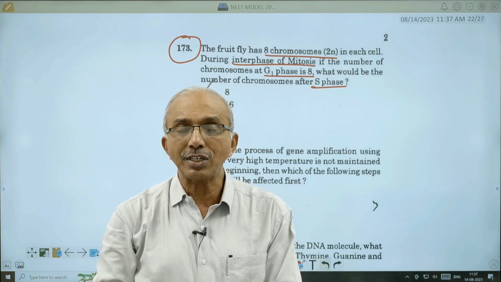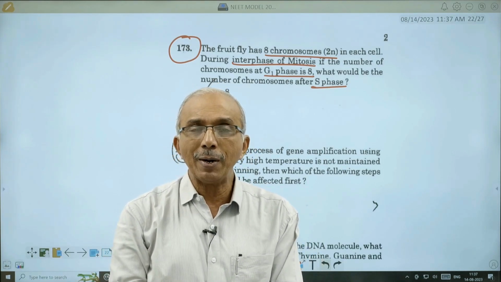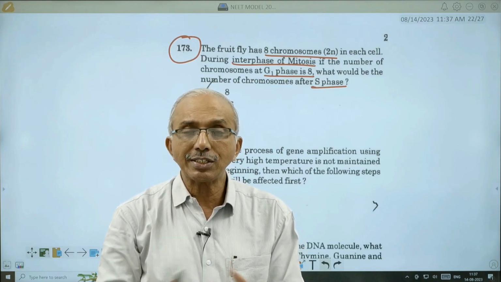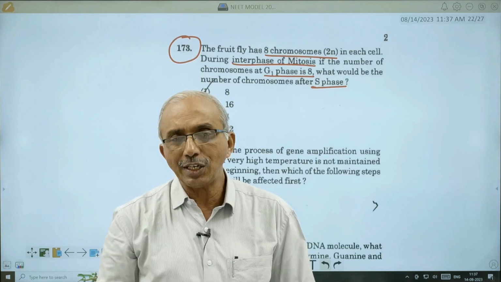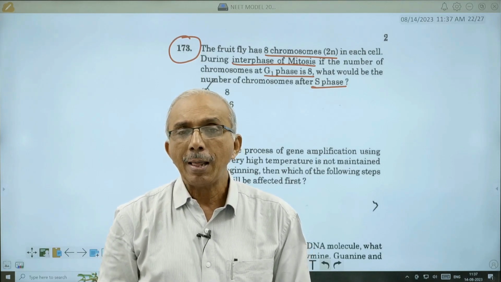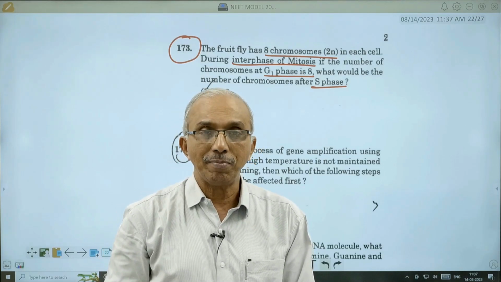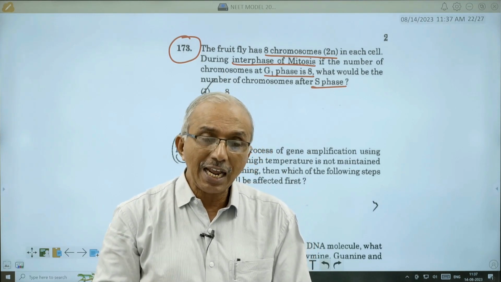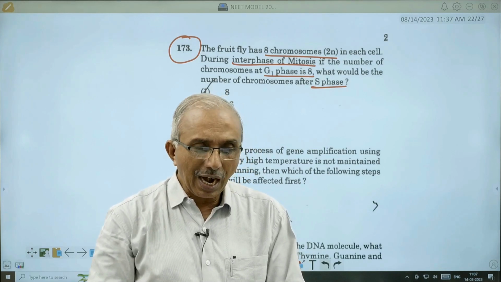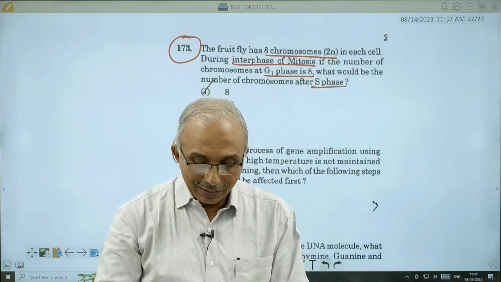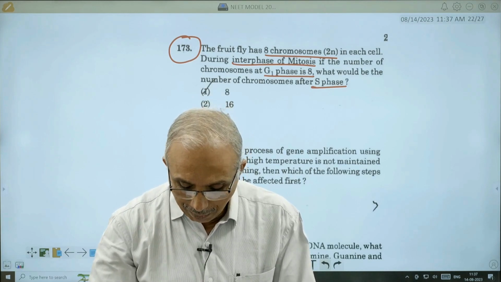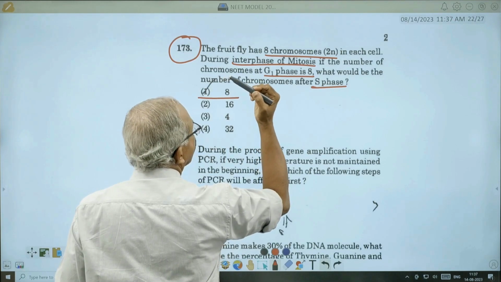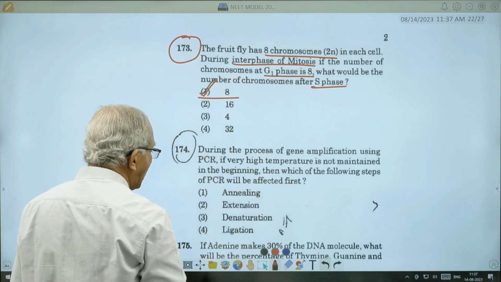During mitosis, chromosome number remains the same in all the stages. In S phase, DNA replicates and DNA content gets doubled, but chromosome number remains the same. So answer is 8.